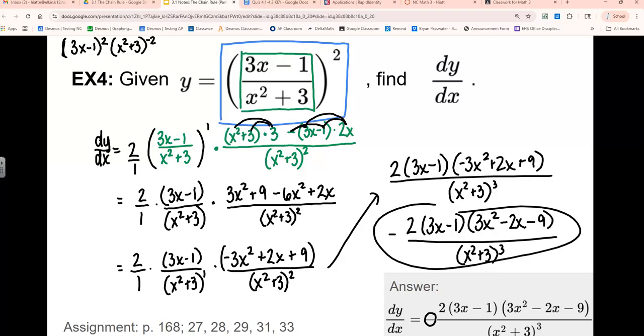All right, let's see. Your assignment is down here. I think a couple of these are similar. I might take one off. They do take a while. Let's see. 27. 33.